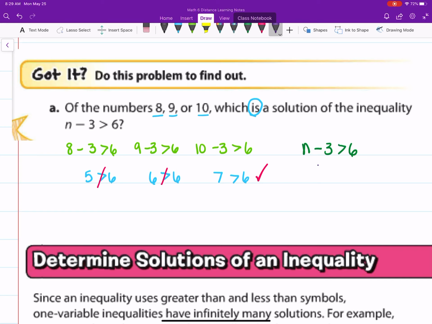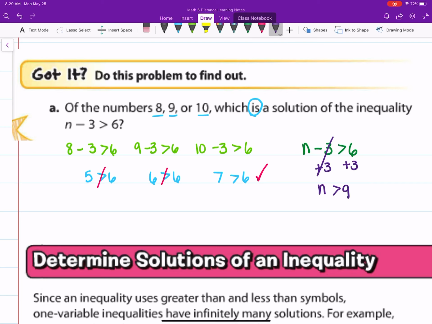So if I add 3 to both sides to isolate n, n is greater than 9. Okay?